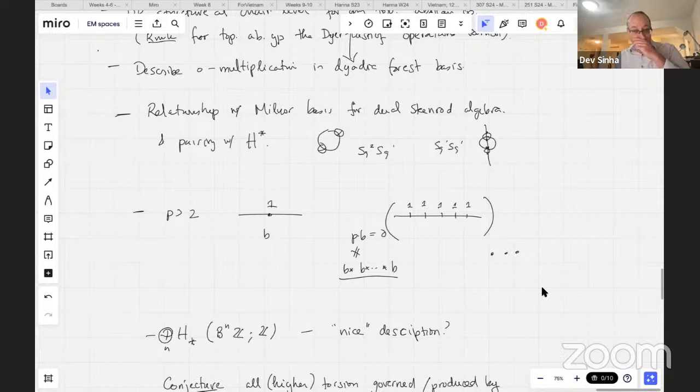But maybe with this divided powers Hopf ring structure and the geometry around it, we can understand some things better. All right.